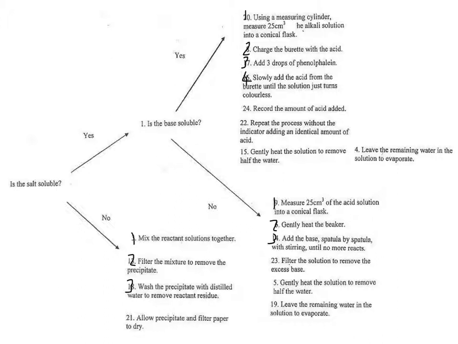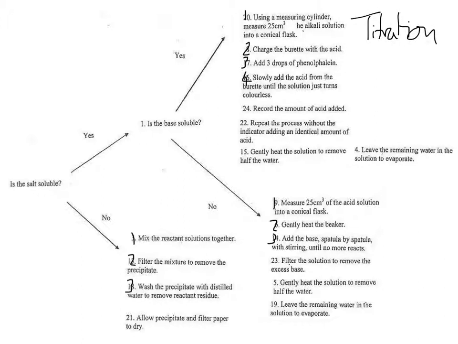So, as I said at the start, the first question you ask yourself is the salt soluble? And if the salt is soluble, you then, I'm afraid, have to ask a further question. Is the base soluble? And if the base is soluble, yes, you have to use this method, which we went through on the video, and that method is called the titration method.